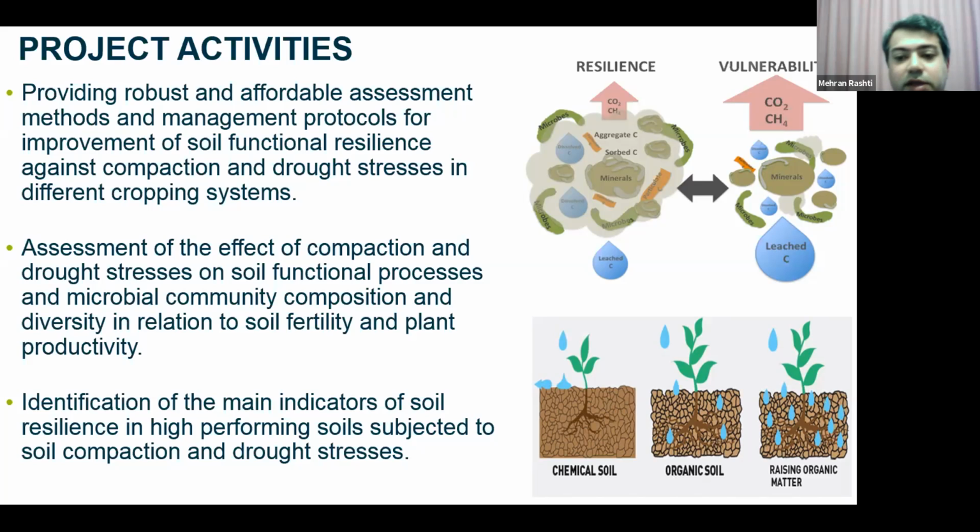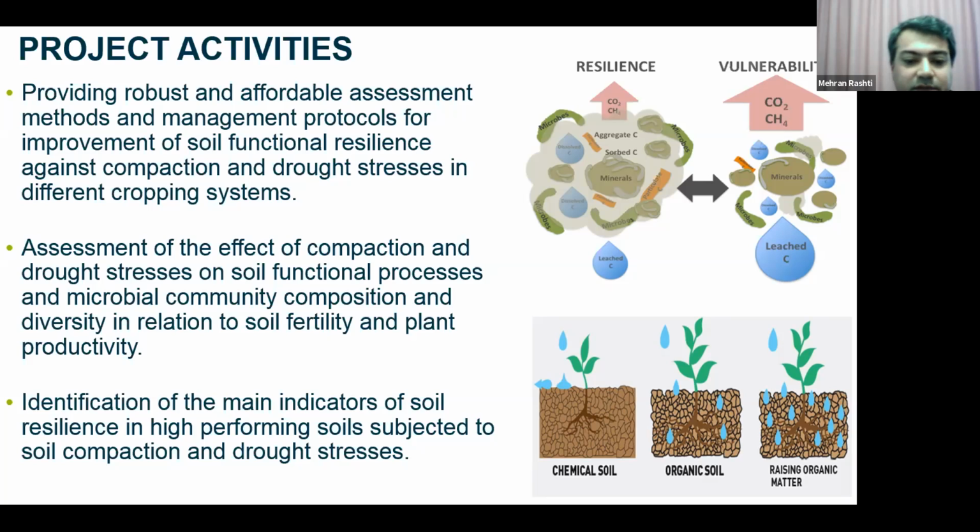As you know, we don't have a complete understanding of the different microorganisms living in soil and their functionalities, but overall, we can assess their response by monitoring their changes after they go through different environmental stresses. So we try to minimize the number of tests that have to be done.